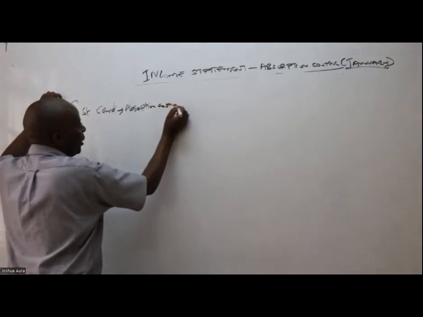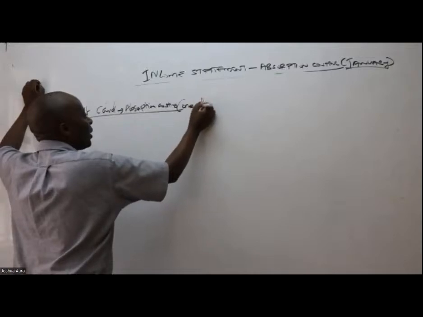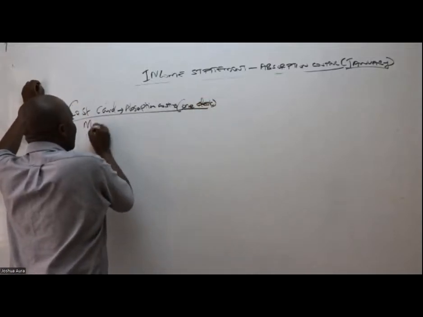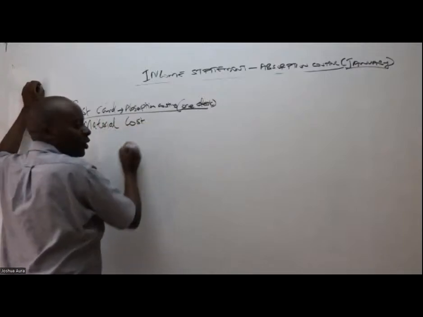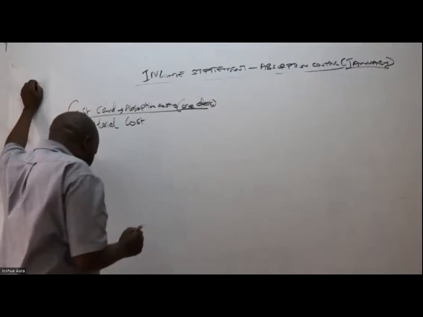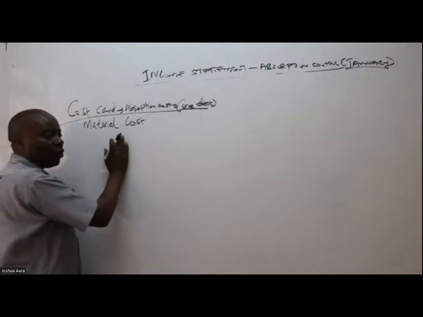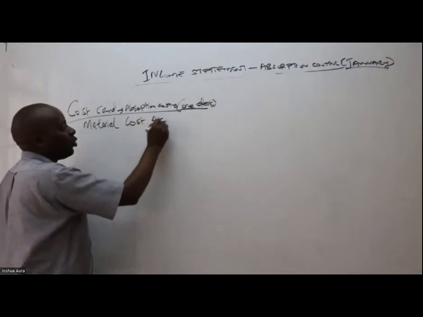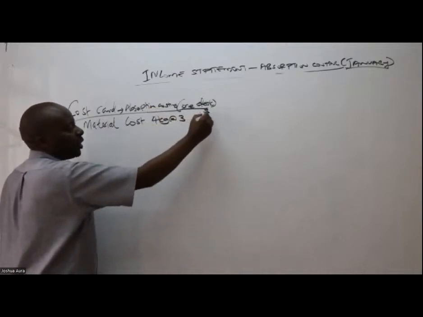To produce one desk, remember this is for one desk, we have our material cost. Of course, this will be the wood. The wood which we need, they have told us it's 4 kilograms, each going for 3, which gives us dollars what here, somebody?